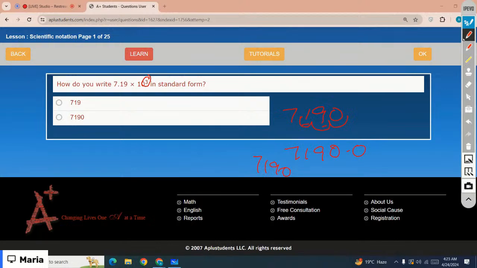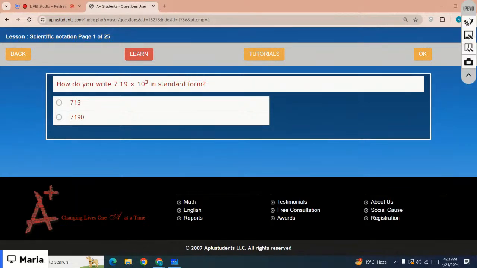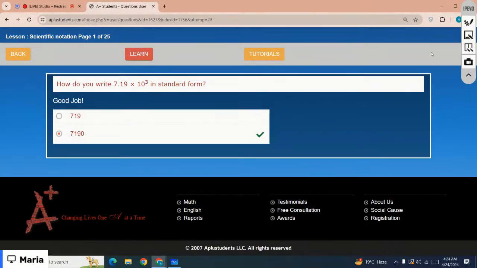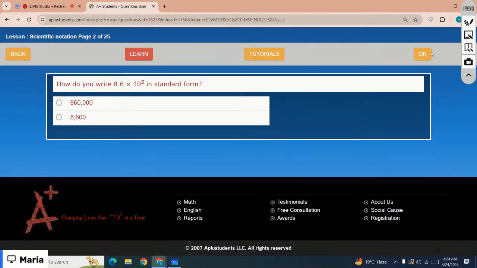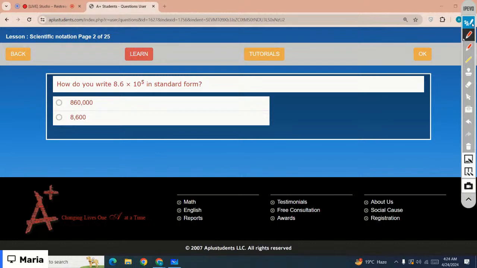Option number 2 is the correct option, that is the second one. How do you write 8.6 times 10 exponent 5 in standard form? So here the exponent of 10 is 5. That means you need to move the decimal point 5 places right.